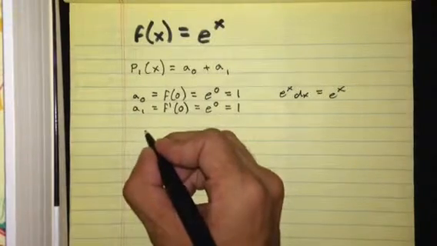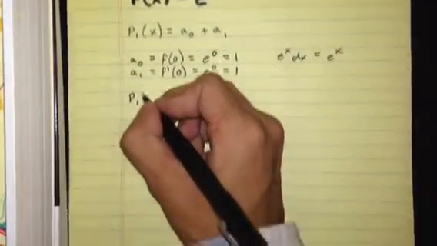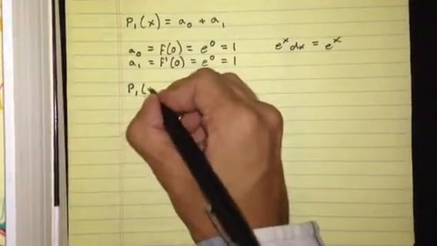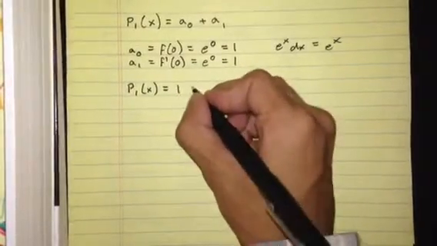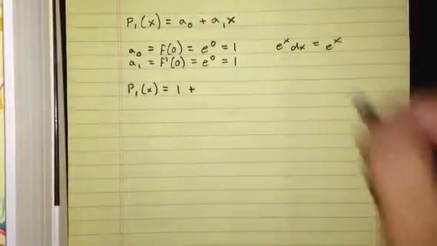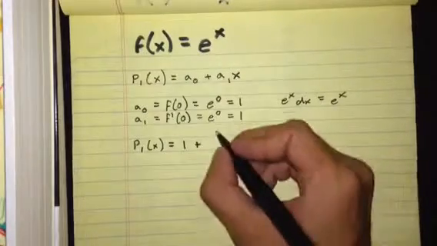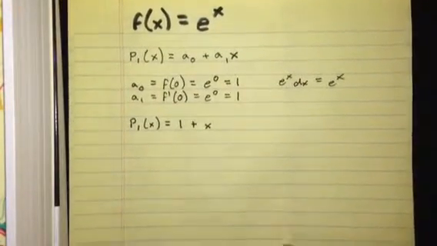Okay, so now we're going to write out our first degree polynomial for e to the x. So it'll be p1 of x equals 1 plus, hold on, I forgot the x up here. Okay. So plug it in, and it'll be 1 plus x.